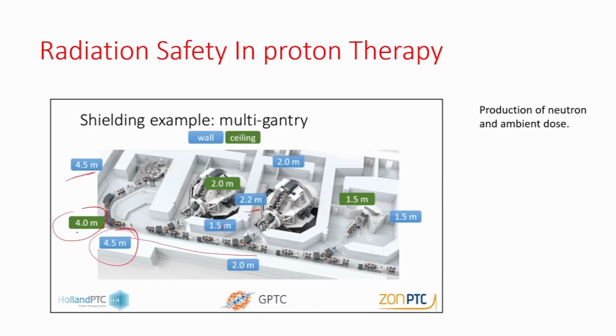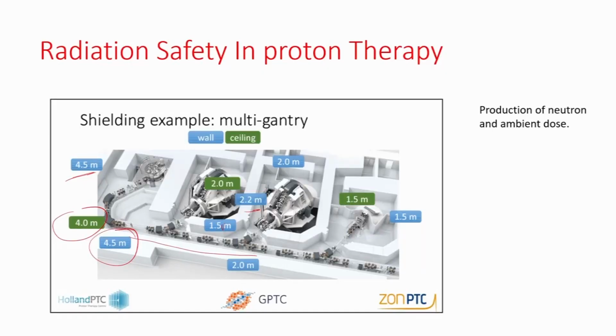So you can imagine that the shielding thickness required is much higher, almost double compared to a linear accelerator, where energy is very limited, but here energy is very high. The radiation safety concern with proton therapy is mainly the production of neutrons.